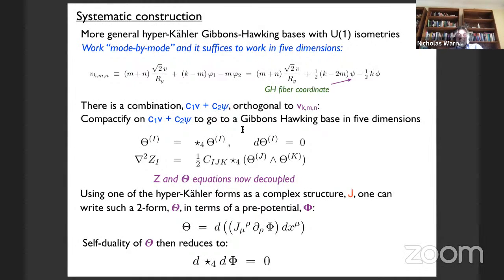So solving this equation is not so hard on a Gibbons-Hawking base because it reduces to solving the scalar Laplacian. Well, that looks kind of nice. Solving equations involving things with legs is usually rather intimidating on a complicated manifold, but in particular, what happens here is it becomes the scalar Laplacian.